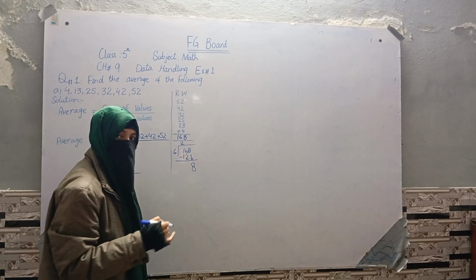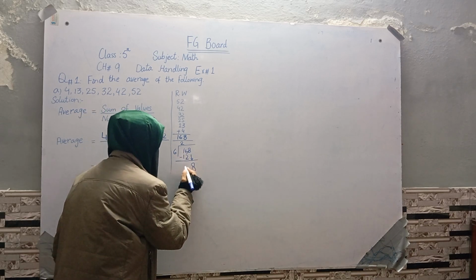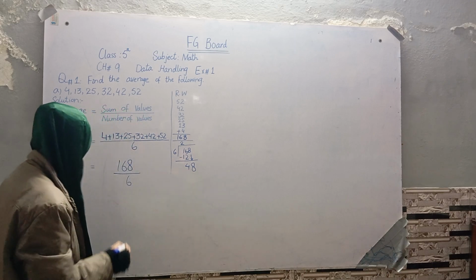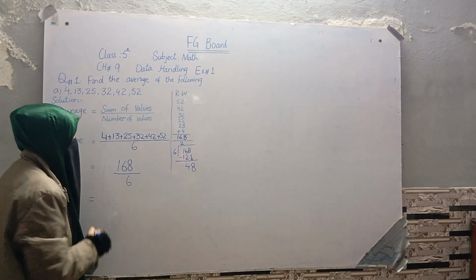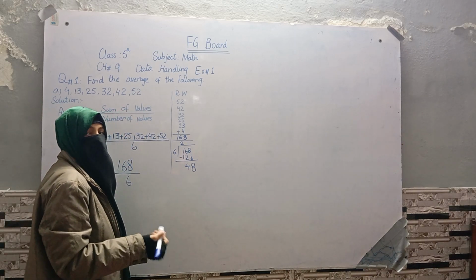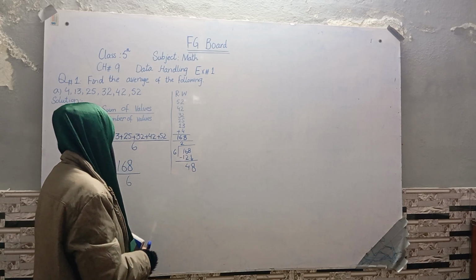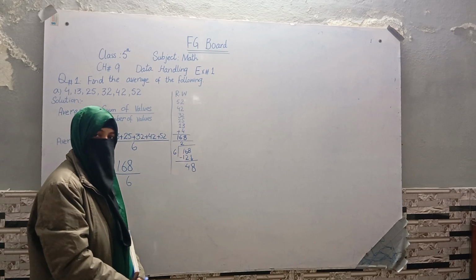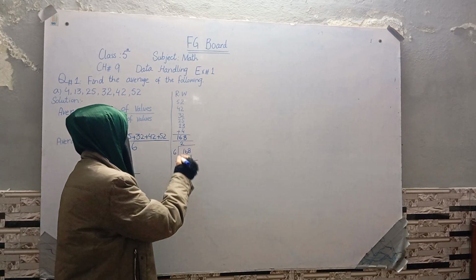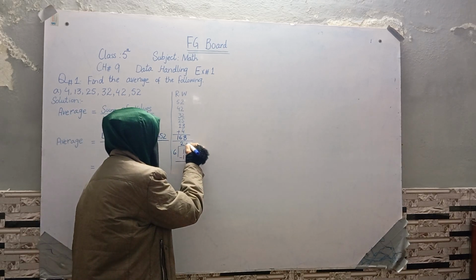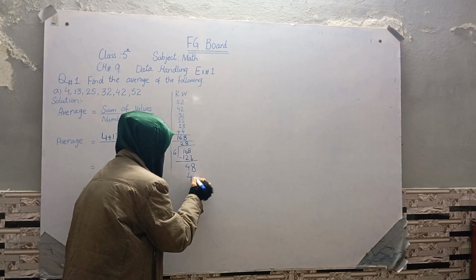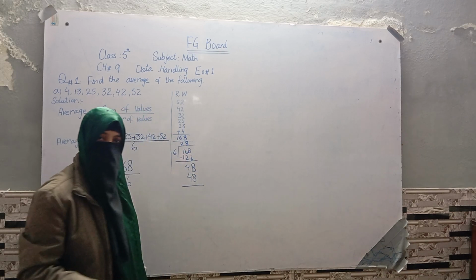6 में से आपने 2 को माइनस किया, आंसर क्या है? 4. Here, so I write again. अब आपने क्या करना है? Now you have to again divide. 6 ones are 6, 6 twos are 12, 6 eights are 48.